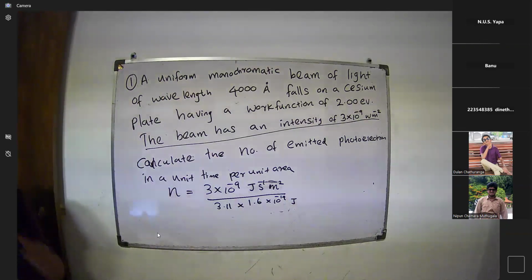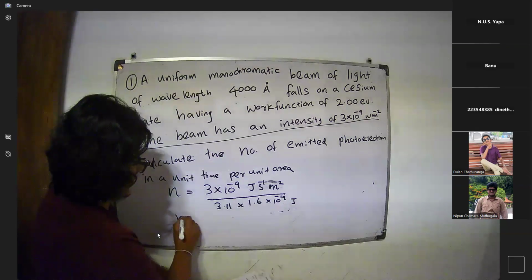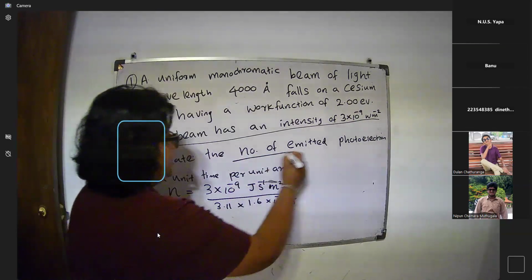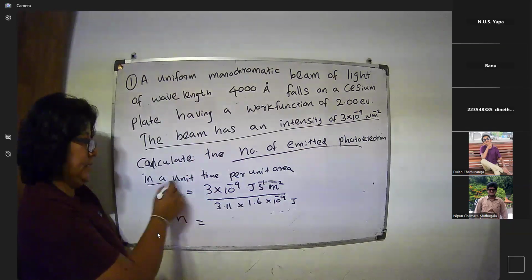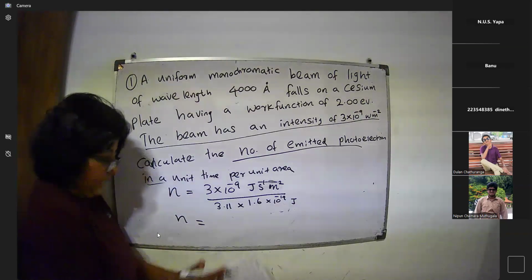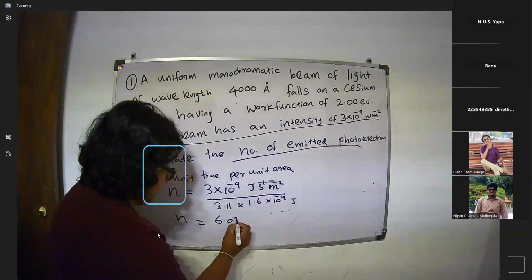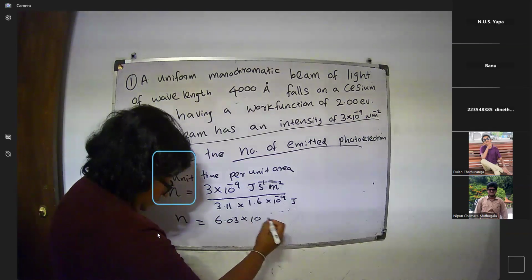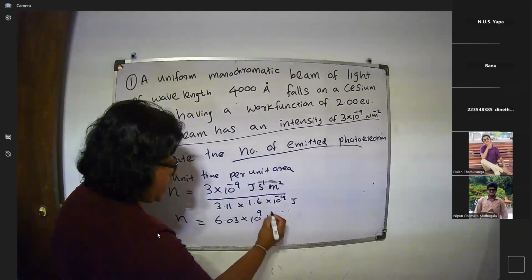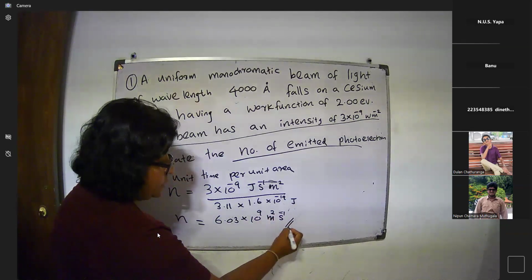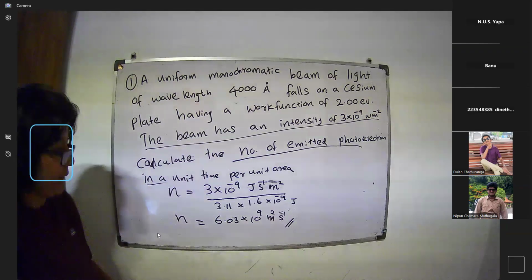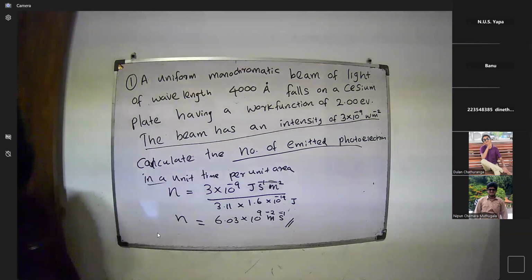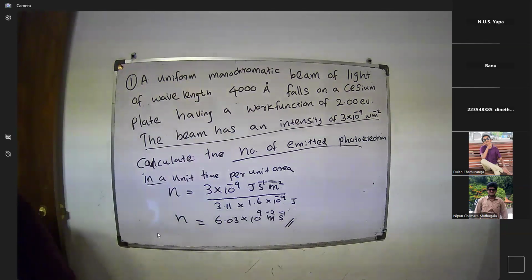Then you can find how many photoelectrons are emitted in a unit time. Okay, 6.03 times 10^9 m^-2 s^-1, per unit time, per unit area. These three parts are related to the Planck idea.